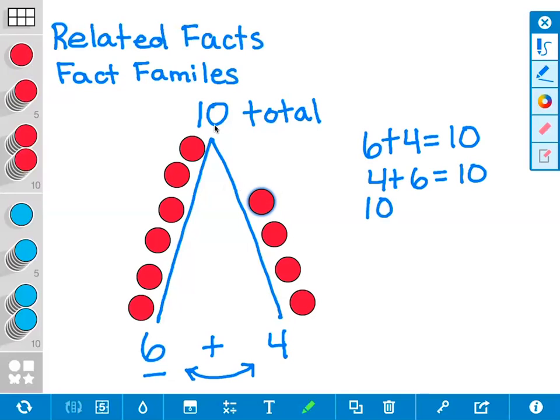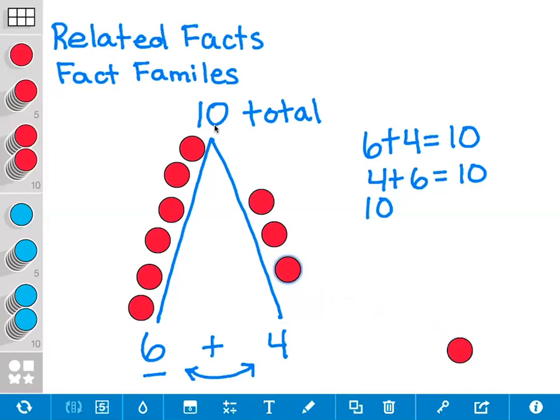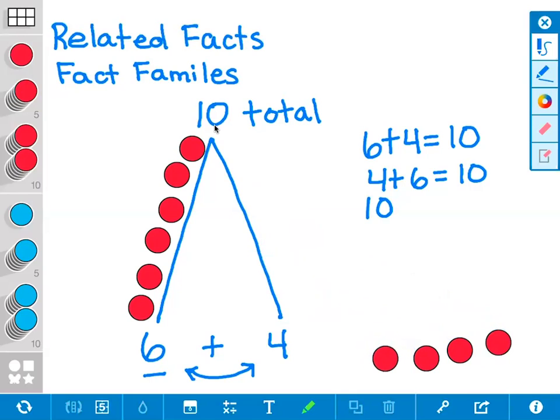Now I can start with the total 10, and I can take away 4. 1, 2, 3, 4. And I see that I have 6 left. So 10 minus 4 equals 6.